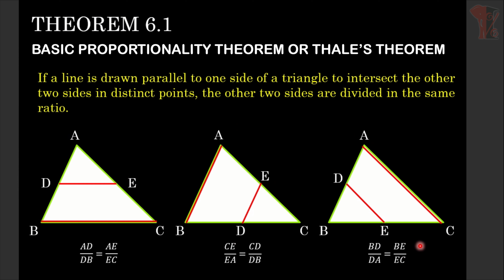So when you draw a parallel line to one side of a triangle, and the other two sides, AB and AC here, CA and CB here, AB and BC here, intersect at two different points, D and E, they divide those sides in the same ratio. This is what the theorem means.